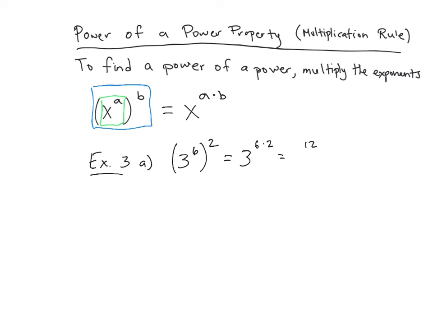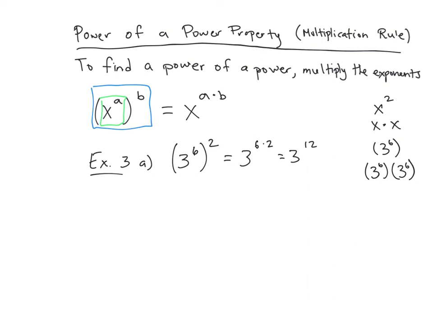And the reason why I end up multiplying those numbers is the following. When we're taking something and squaring it, so if I have x squared, that means x times x, right? So in this case, my x is 3 to the 6. So I have 3 to the 6 times itself.